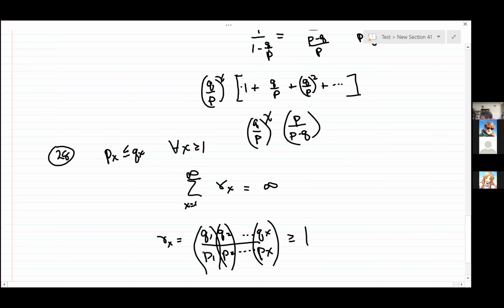So gamma 1, gamma 2, gamma 3, etc. are all greater than or equal to 1. So we do a simple comparison, replacing these by this. And this adds up to infinity. That means this adds up to infinity. That means what? The chain is recurrent.